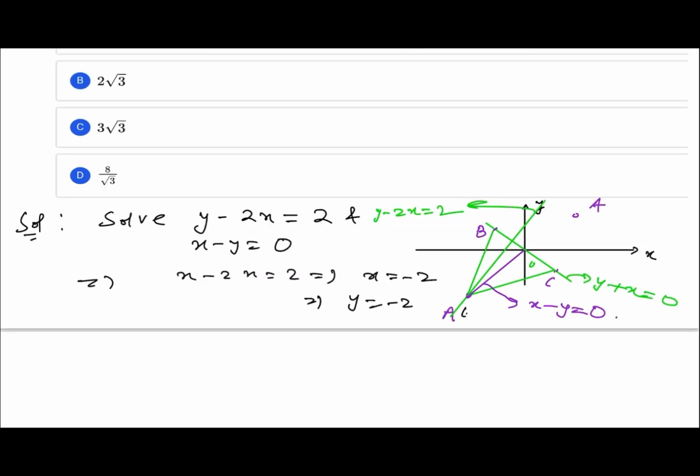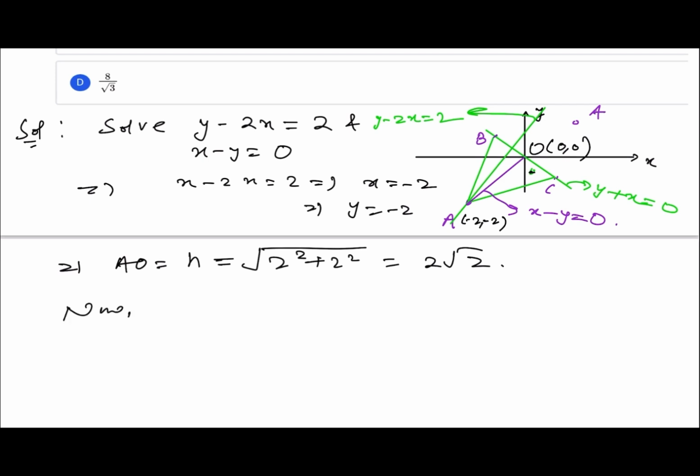So minus 2 comma minus 2, and this is origin 0 comma 0. So AO is the height of the triangle, which is h. So this is root over 2 square plus 2 square, that is root over 8, that is 2 root 2.